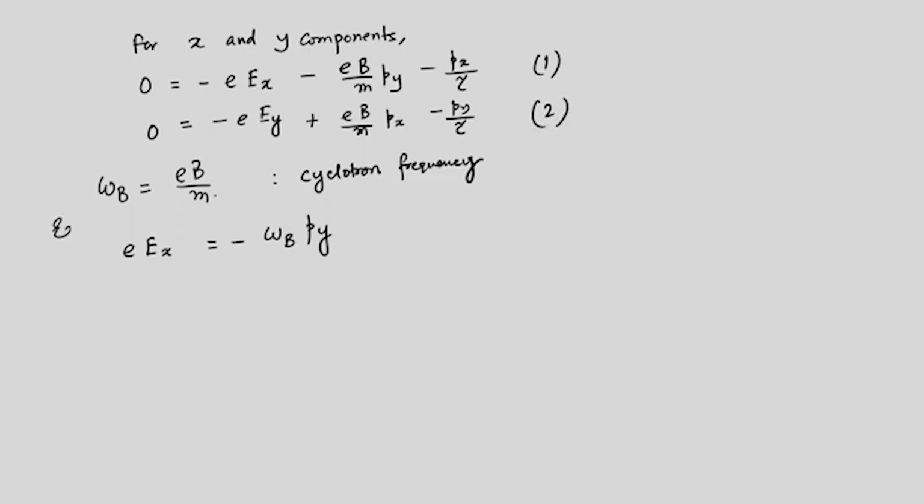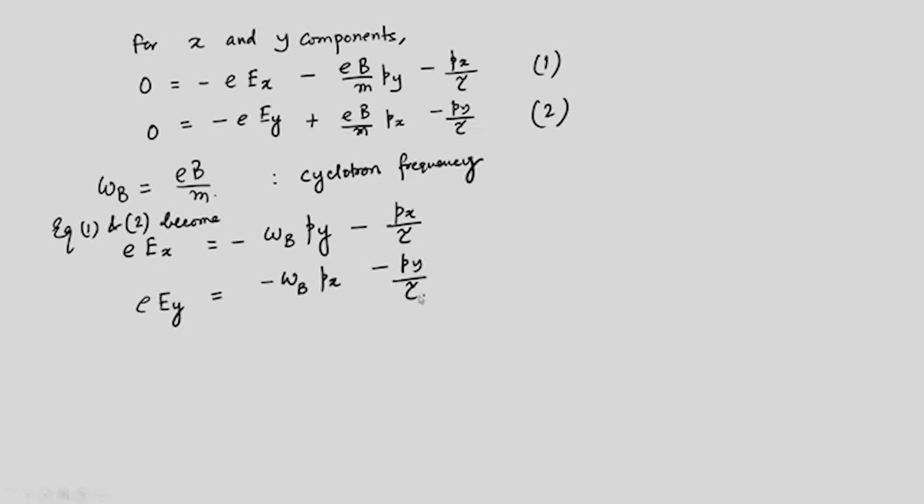So equations 1 and 2 become omega b Py minus Px over tau, for the y component, that is from 2, equal to minus omega b Px minus Py by tau.